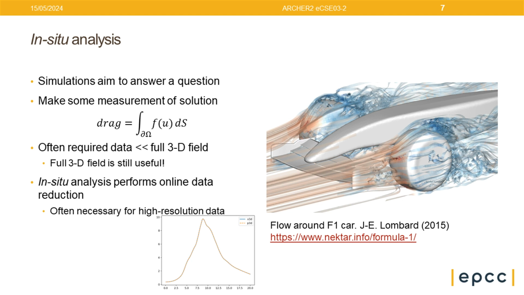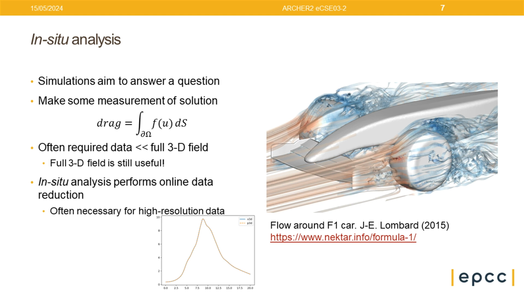So as I mentioned at the start, the idea with in-situ analysis is to instead perform the analysis on the data before it's written to disk. And a way to think about this is typically you might only really want a single value out of your simulation. So on the right here we can see a simulation of a flow around a Formula 1 car using the Nektar++ solver. And this provides lots of detailed information about the flow field, which might be useful depending on what you're doing.